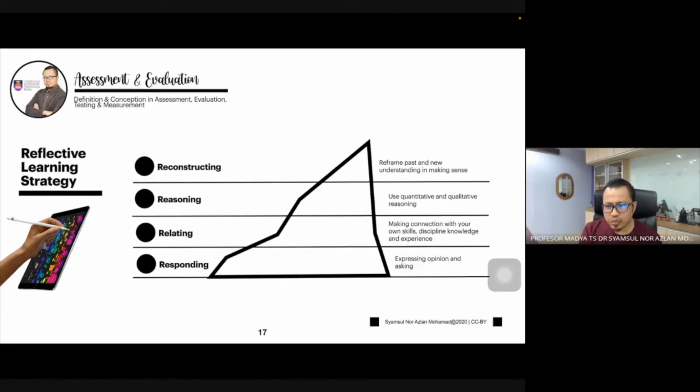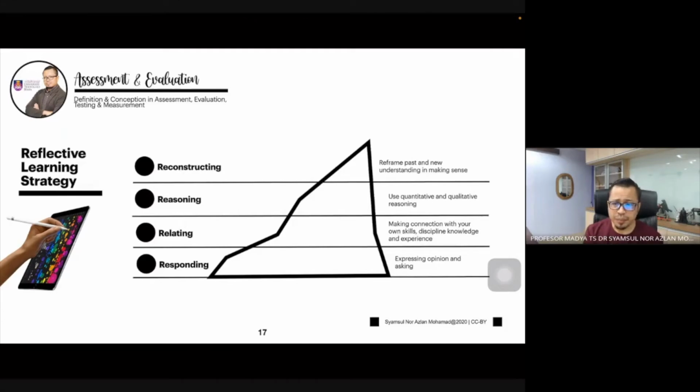So the reasoning is very important for every single student because they want to find the significance to themselves. For the reason of learning, you can use either qualitative or quantitative reasoning, but the reasoning will allow the students to better understand the concepts of knowledge they have learned before. Then they will make sense of that knowledge, start to reconstruct it by themselves, and reframe the past and the new knowledge to make our teaching and learning more sensible.